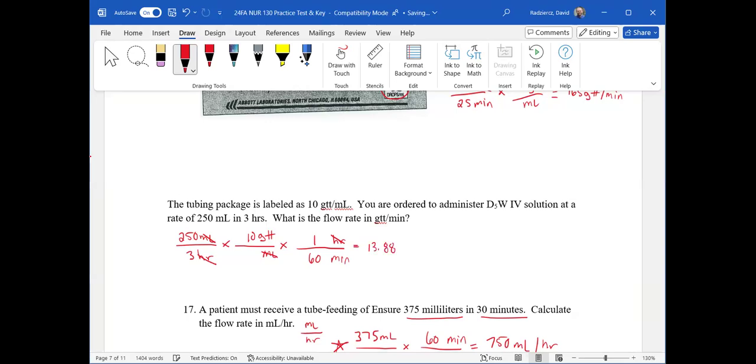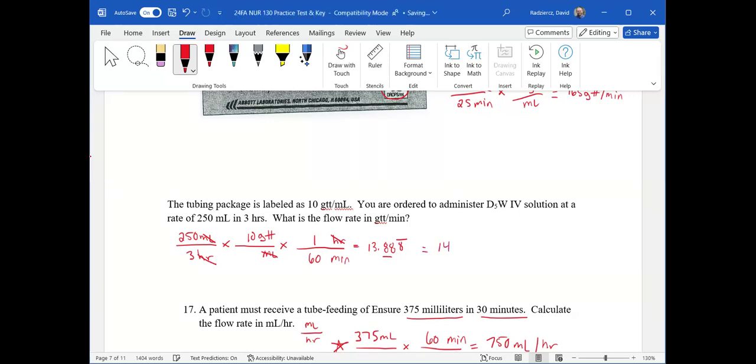13.88 repeating. So I'll just put 8 and I'll put a line over top of it. And I already told you we can't do anything with the decimals. We don't round to the nearest tenth. We're talking about drops. So what I need to do is round that to the nearest whole drop. So I'm going to look at the 8.